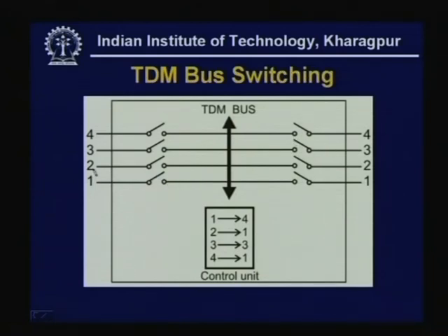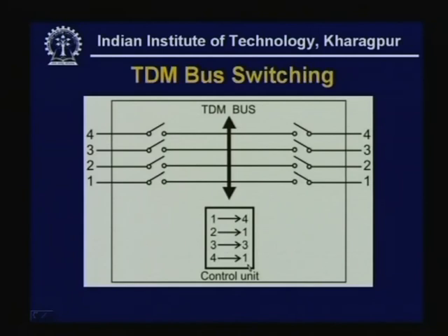Whenever this switch is closed, then this one is closed, and from the high speed bus the data goes from this input to the output. Whatever data rate is on this bus will be 4 times that, because it is doing the time division multiplexing of data, and it is being read on 1, 2, 3 and 4 in this fashion.